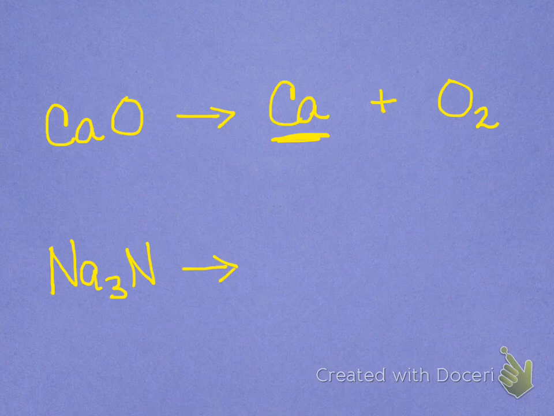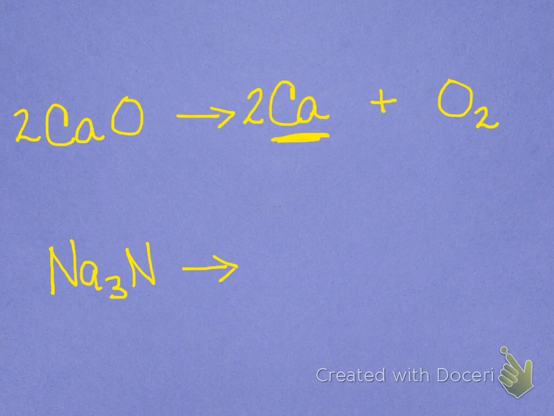It exists as a single atom in nature. So here we've got calcium oxide breaks apart to give us calcium plus oxygen. We need to balance this by putting 2's here, and then we have a balanced chemical decomposition reaction.